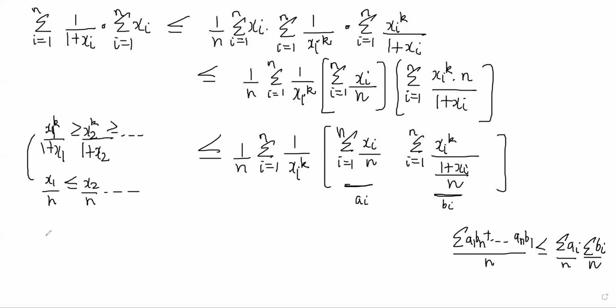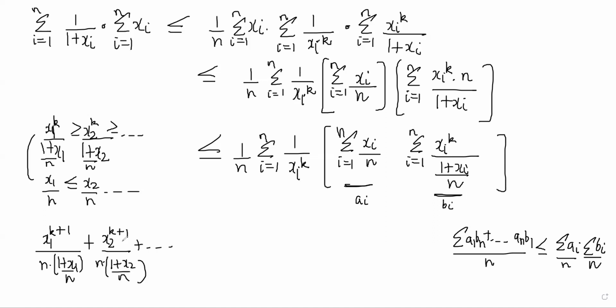So the reverse order product will be simply x1 power k plus 1 by n times 1 plus x1, this is the reverse order product, x2 power k plus 1 by n times 1 plus x2, right?